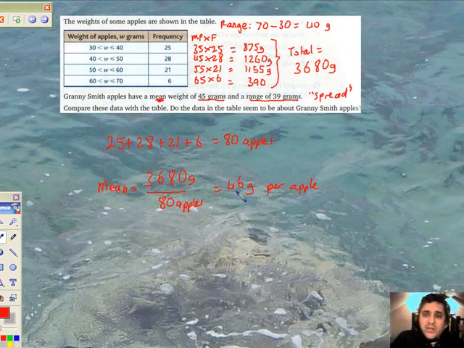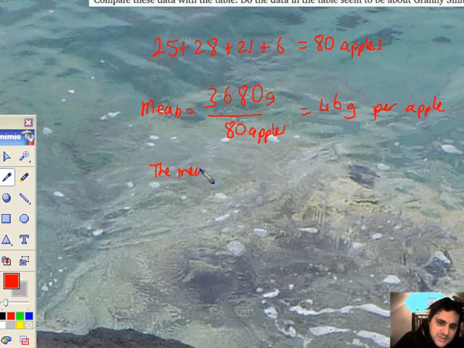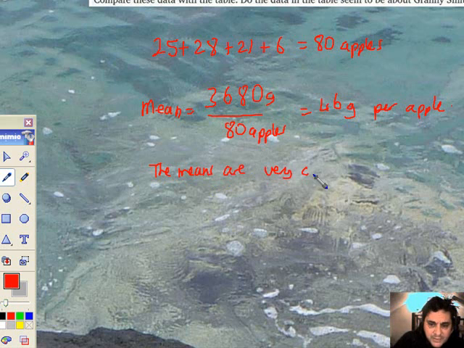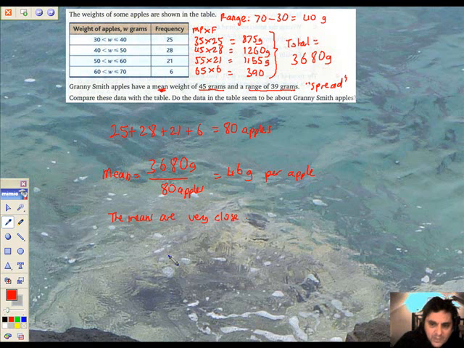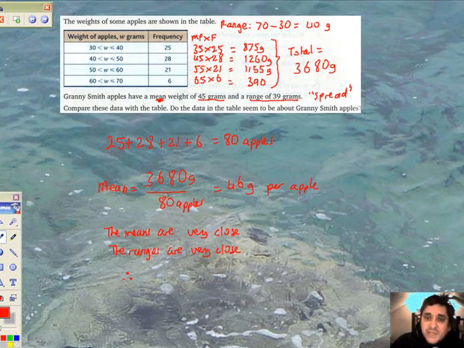So therefore I'm going to conclude the means are very close. And I'm going to say the ranges are very close. Therefore I've justified the fact that I'm going for Granny Smith's as being the apple represented in the table.